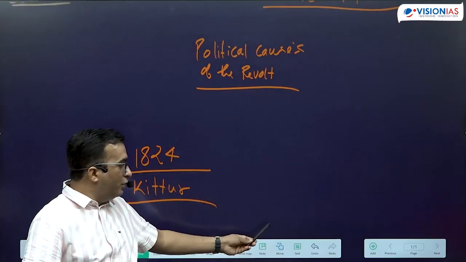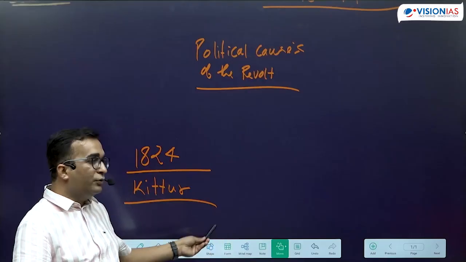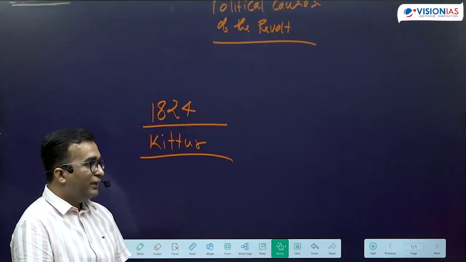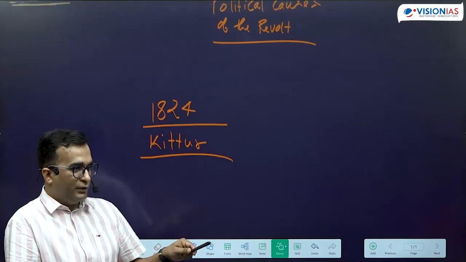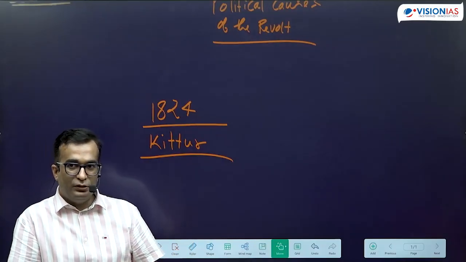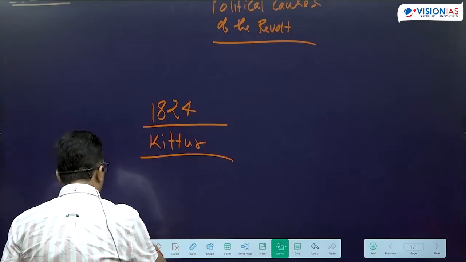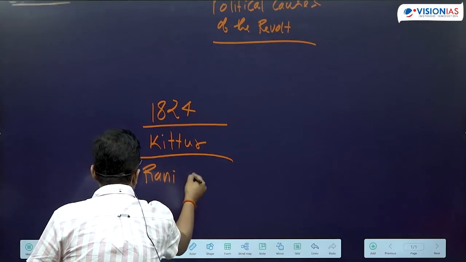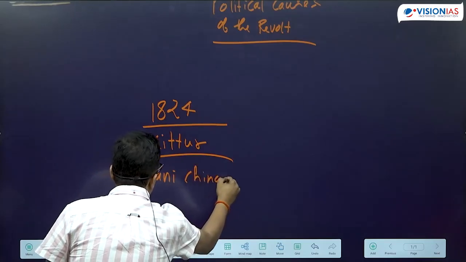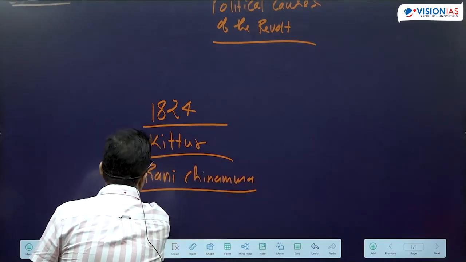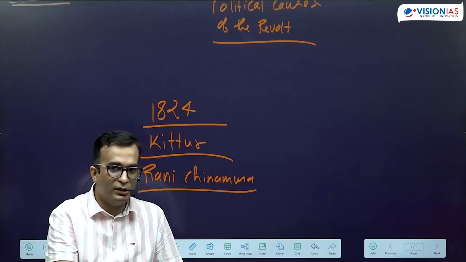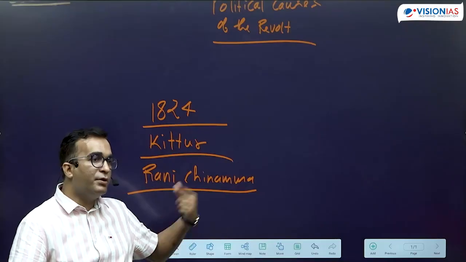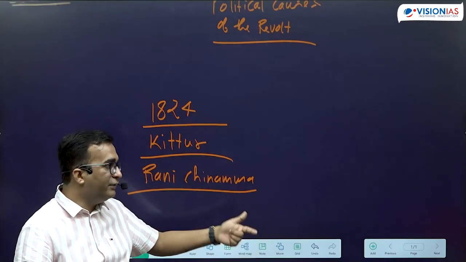The king of Kittur died in 1824, and after his death, the wife of the king, the queen of Kittur, Rani Chinnamma, adopted a son from the extended family. Raja's brother's son. Okay? He was adopted.